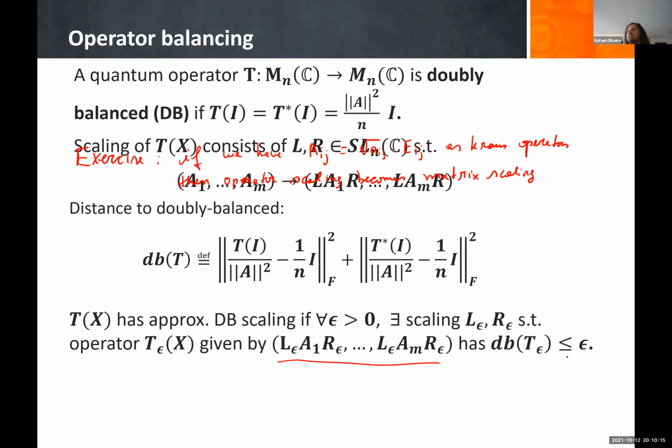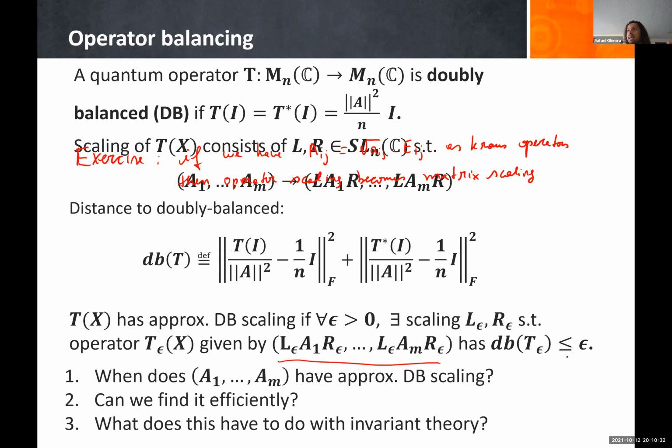So you can see how it's a line-by-line generalization of matrix scaling. But now we have a non-commutative group action, because Ankit talked about tori, and now we have non-commutative groups.